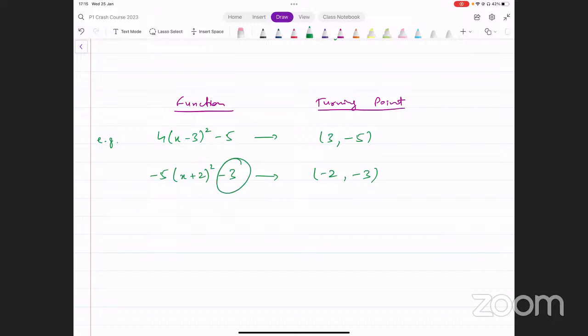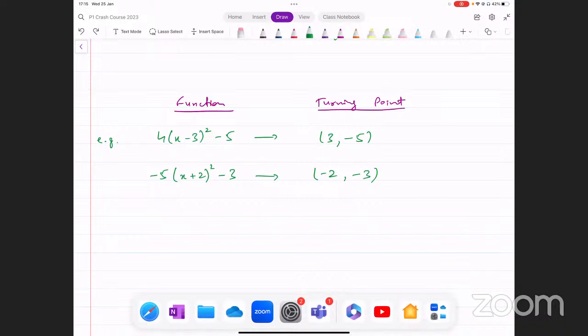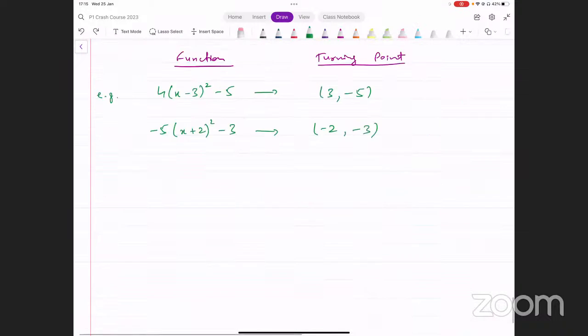The number outside keeps its sign as it is, and you get the turning point from that. Make sense? Any problems with this? Any questions? This is how we complete the square for a quadratic function and find the turning point from that.